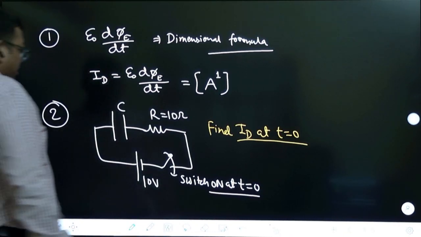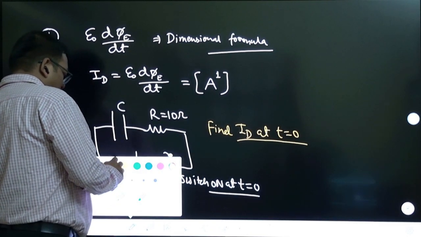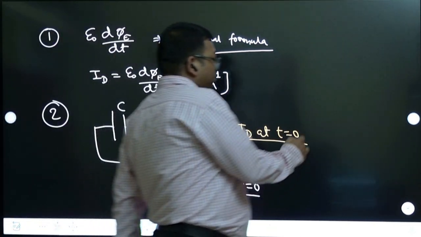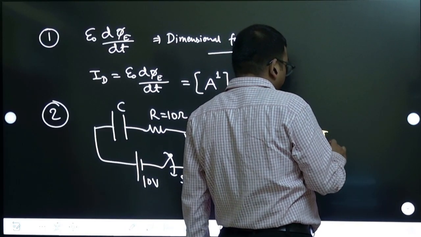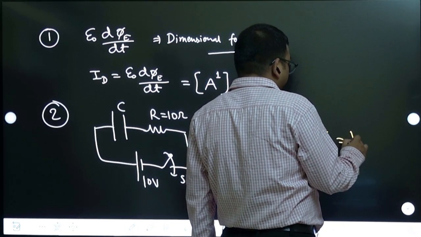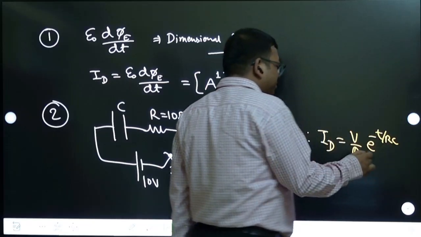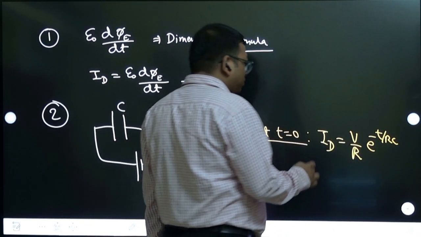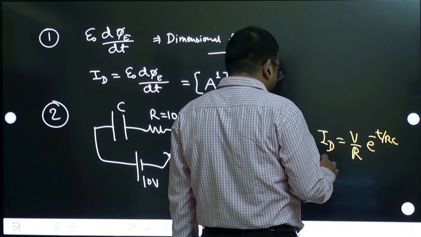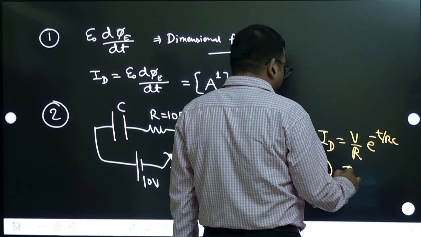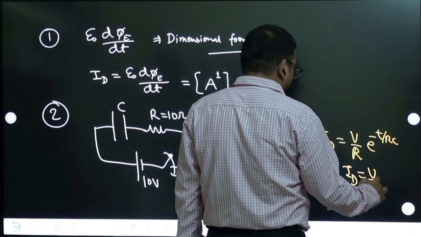What is the displacement current? Write down the formula for displacement current. In case of this RC circuit, displacement current is V by R e power minus t by RC. Remember this formula. So if I take time 0, I_D becomes V by R only.